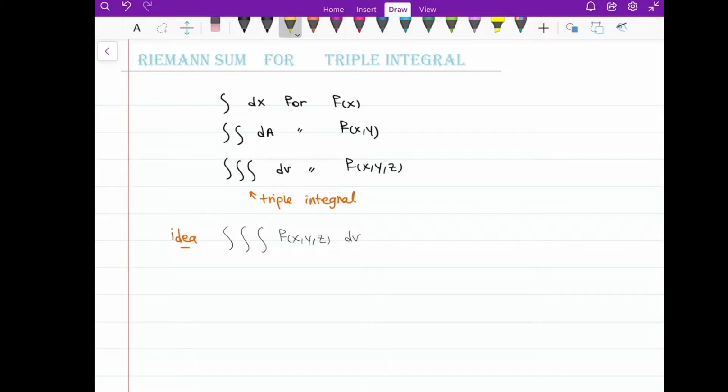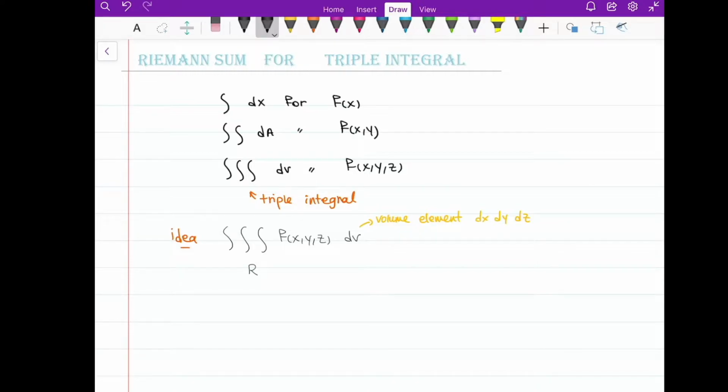This is basically the volume element. So this is kind of the same idea as the double integral, where we have the area element in here. For the triple integral, we have the volume element, which is dx, dy, and dz over the region R.